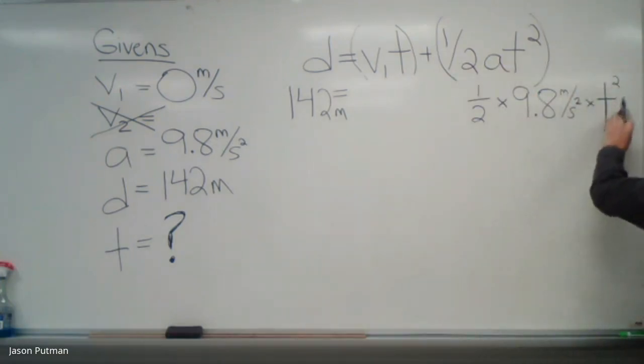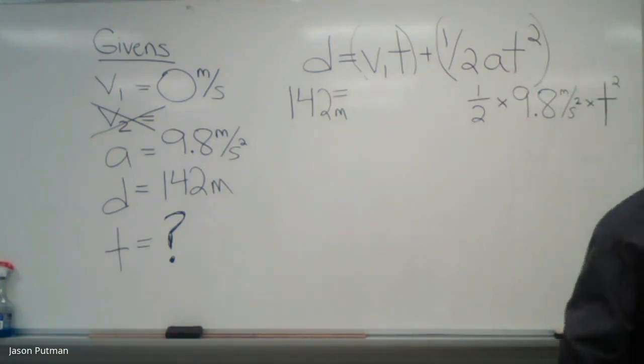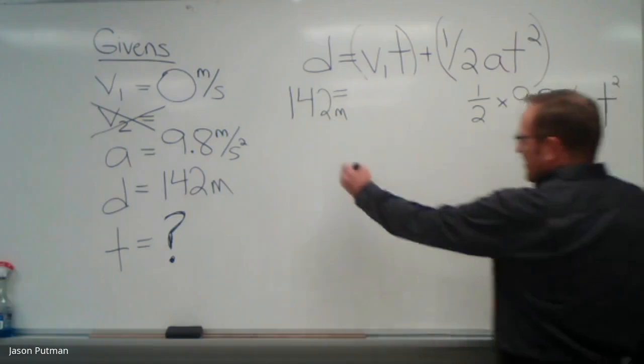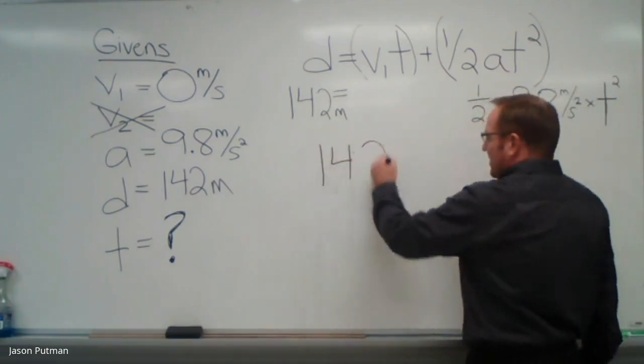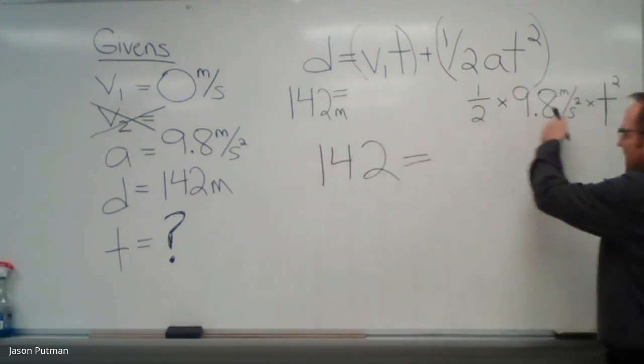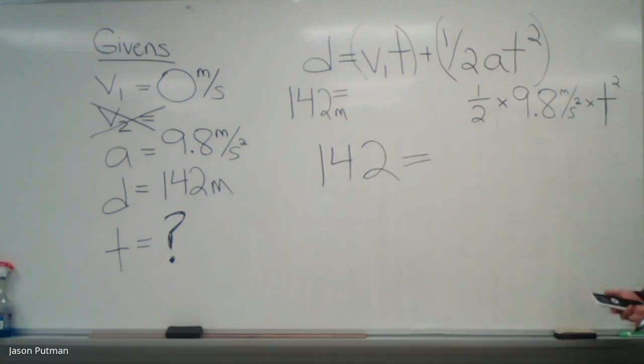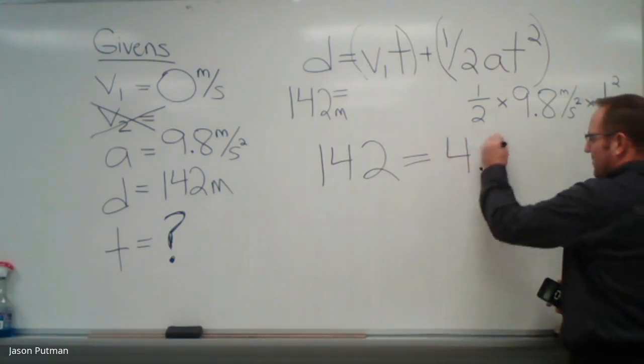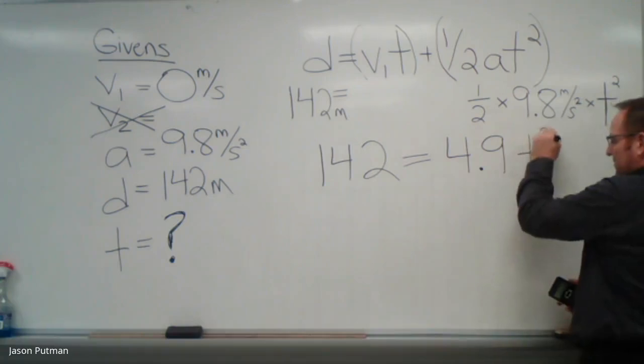So we have to solve for time. I should have isolated for t, I guess, in the beginning, but that's okay. Just do what you can do to make it easy to isolate. The 142 on the left, I'll leave that there. 1/2 times 9.8 times t squared, I might as well do that. 1/2 times 9.8 is 4.9 t squared.